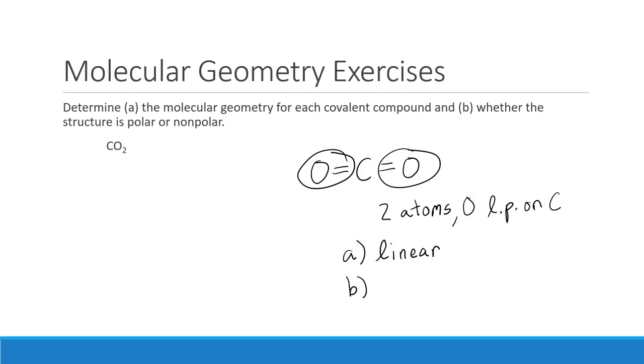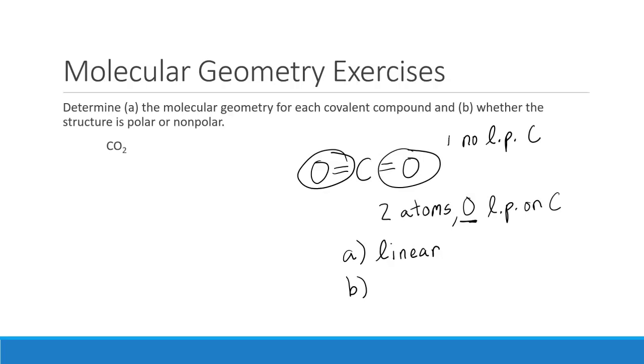And then for part B, for whether it's polar or nonpolar, remember there are 2 rules for being nonpolar. First, you cannot have any lone pairs on the central atom, and we don't. So there's no lone pairs on carbon.